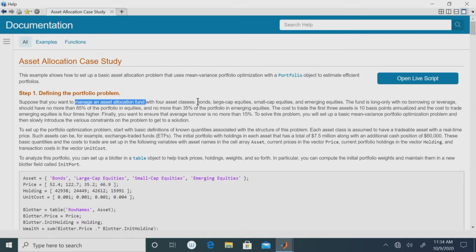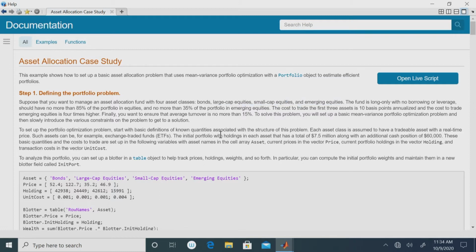And these 4 asset classes are bonds, that is the risk free asset component of the fund, and there will be 3 components of equities, namely large cap equities, which you can view as companies with large market capitalization, small cap equities, that is smaller companies, and emerging equities, which are also some of the smaller companies.